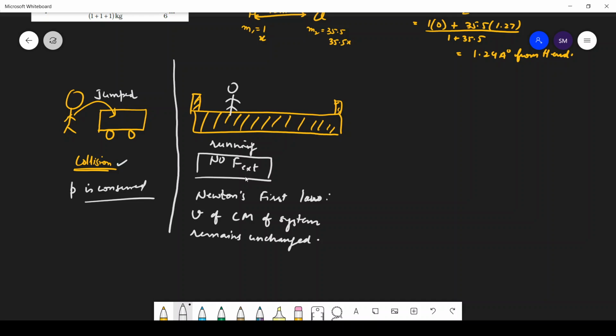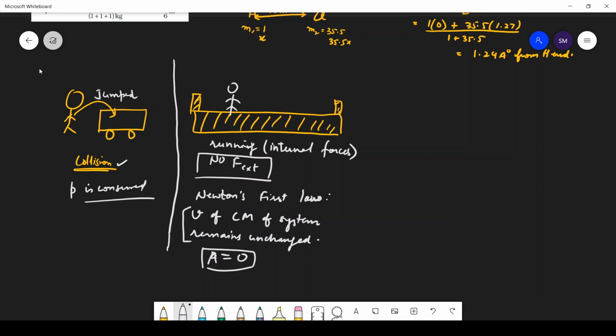The forces involved in running, the forces applied due to running, are internal forces. So there will be no acceleration of the center of mass, and velocity remains constant. Acceleration of the center of mass, we write with capital A, is 0.